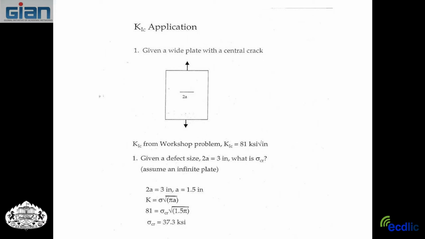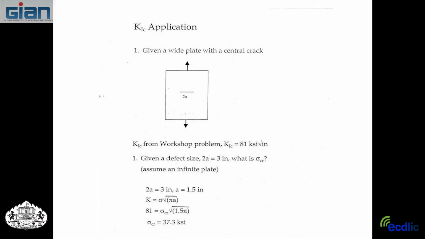I'm doing this in engineering units. So given 2a here is 3 inches, what's the critical stress for failure assuming infinite plate? So 2a is 3 inches, a is 1.5.